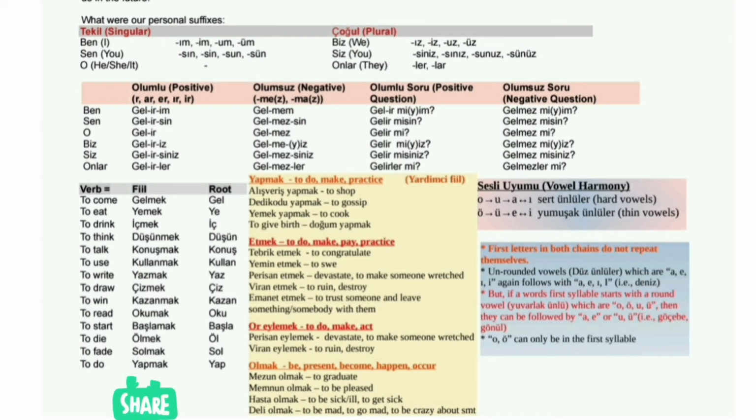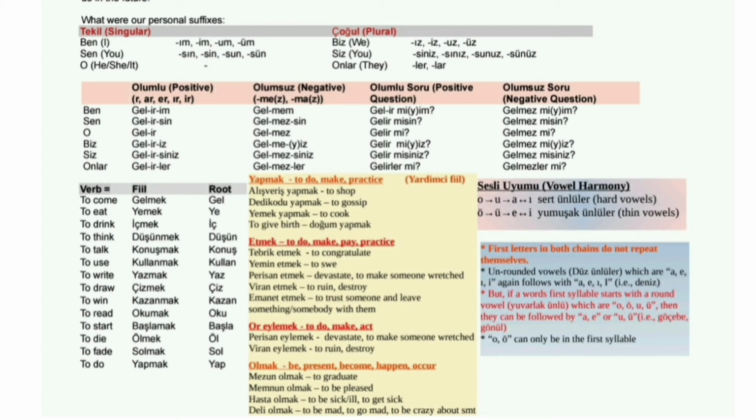To win, kazanmak, kazan. To read, okumak, oku. To start, başlamak, başla. To die, ölmek, öl. To fade, solmak, sol.